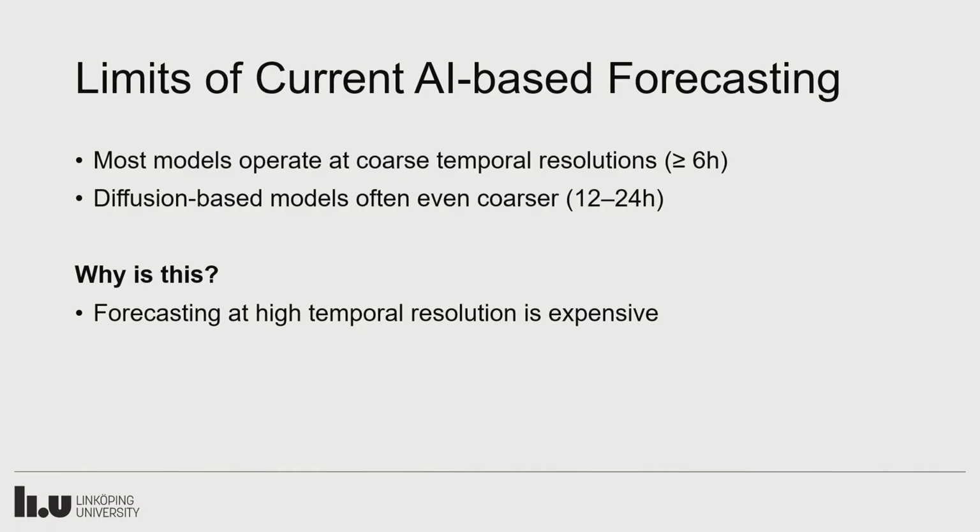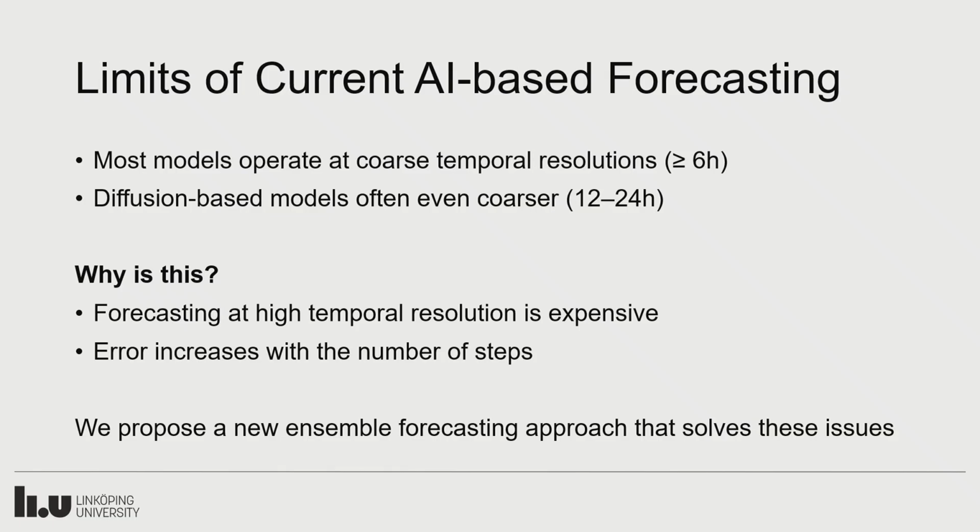And part of the reason for this might be the second reason, which was mentioned also yesterday in a talk, that these models seem to scale very poorly when you increase the number of steps. And in this talk I will tell you about a new ensemble forecasting approach that solves, or at least attempts to solve, these two issues.